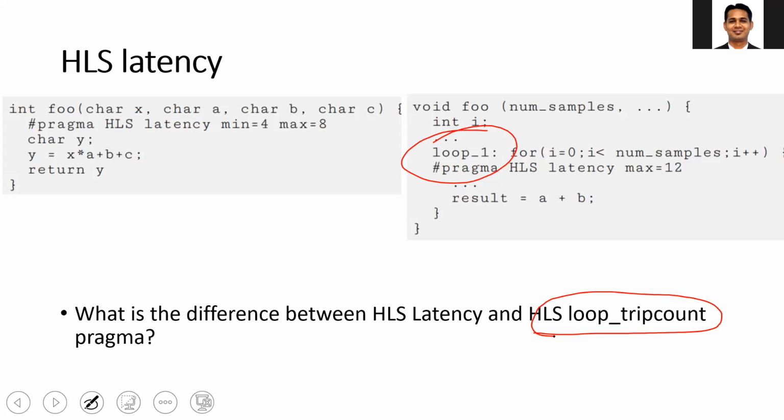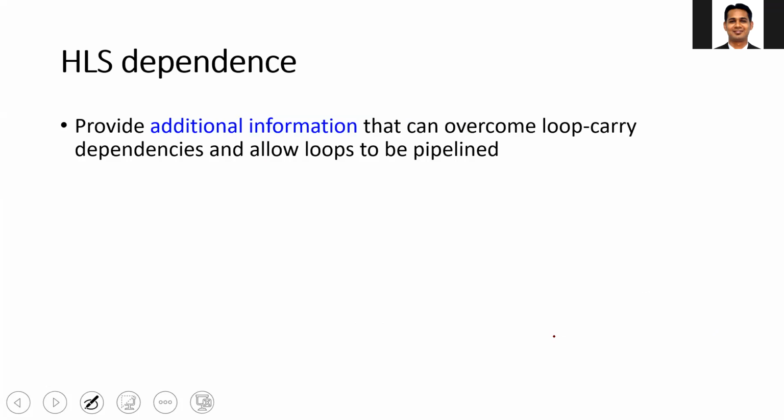Now from the HLS latency, we'll move to another pragma, which is called the HLS dependence. This is again another useful pragma. It provides additional information that can overcome the loop carry dependency and allows the loop to be pipelined.